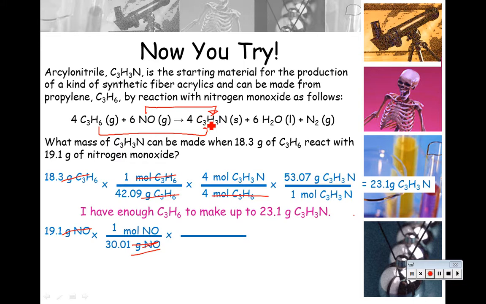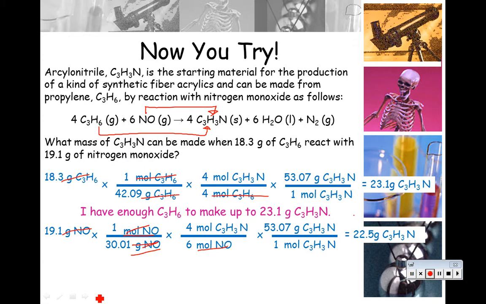Remember, you have to write the reaction to go to the same product. Mole ratio is going to be 6 to 4. Moles of NO cancels. It's again asking for the mass. So when I solve for the mass, I get 22.5 grams of C3H3N.